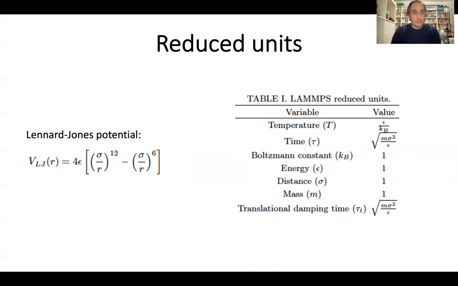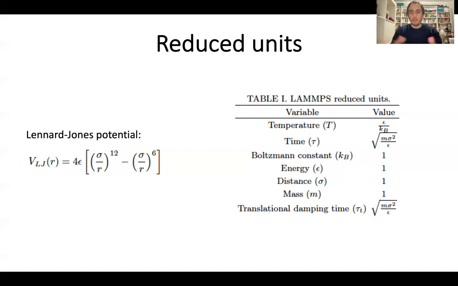For reduced units, you just use the Lennard-Jones potential as a reference, but this is only a reference. For instance, the Lennard-Jones potential has this sigma. The sigma is the position where the potential crosses the zero line. The potential is repulsive, and then it goes to attractive, and the point where it is zero is the value of sigma, and you just use that as a reference.